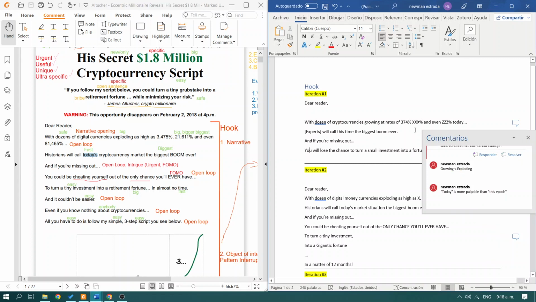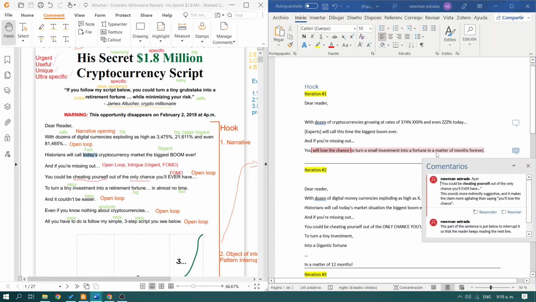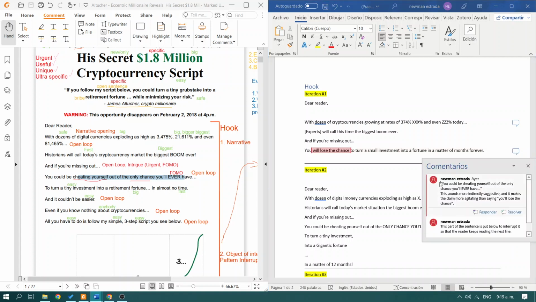And if you're missing out, you will lose the chance to turn a small investment into a fortune in a matter of months forever. Let's compare. And if you're missing out, you could be cheating yourself out of the only chance you'll ever have. And I just wrote, you will lose the chance. Why do I think Evaldo wrote, you could be cheating yourself out of the only chance you'll ever have, instead of you will lose the chance?